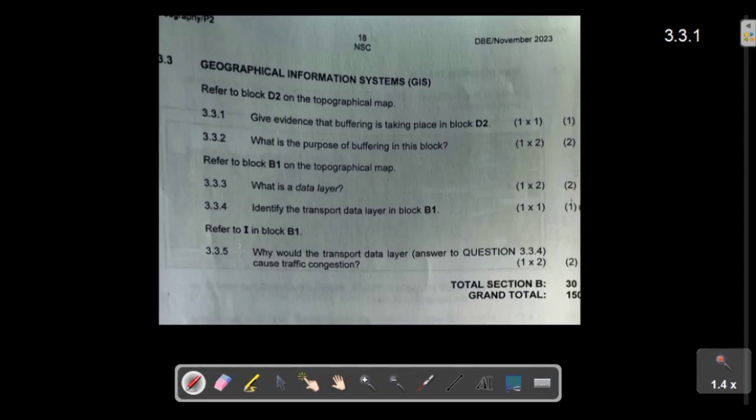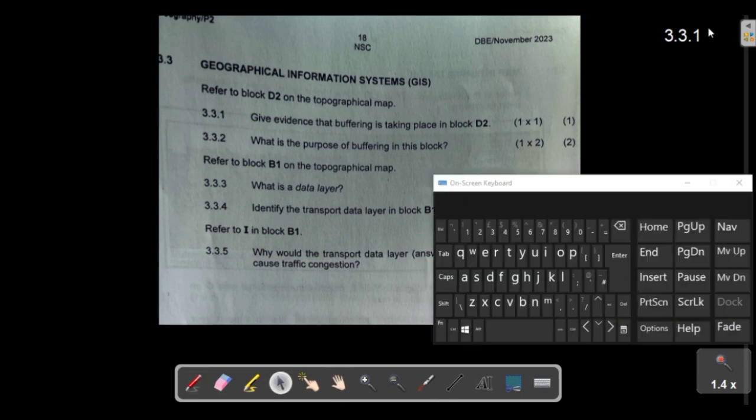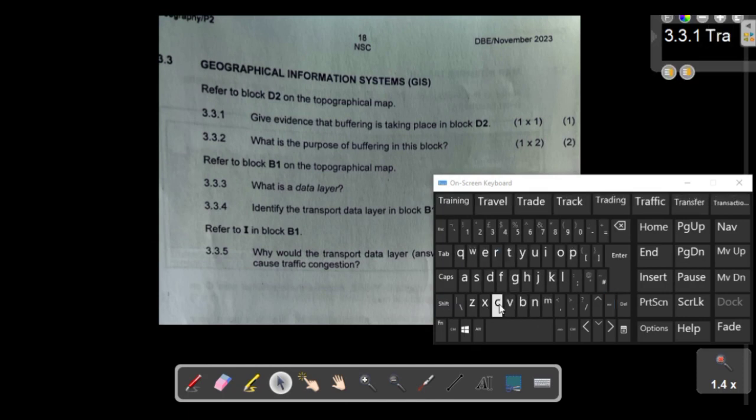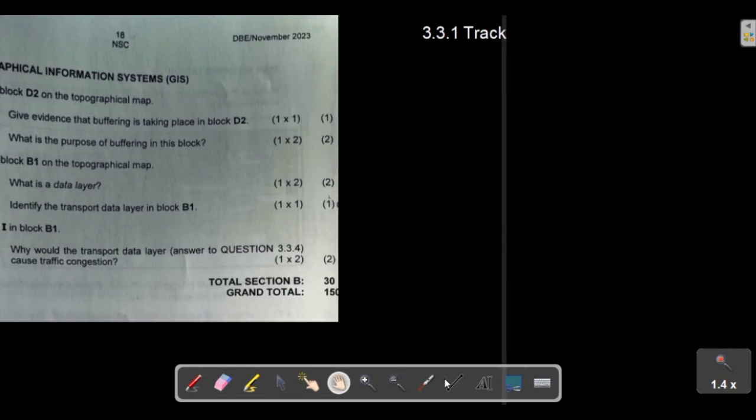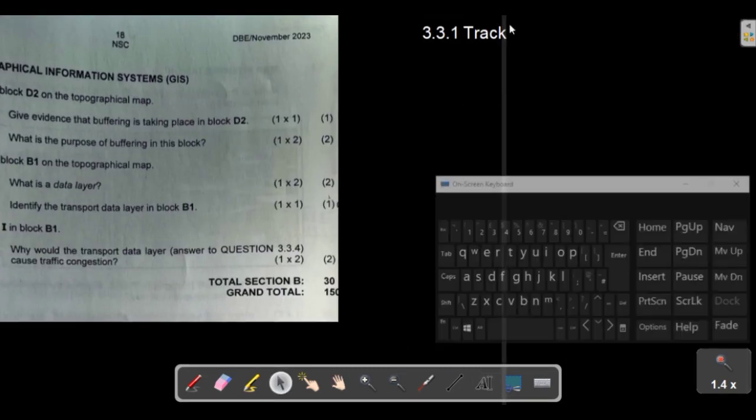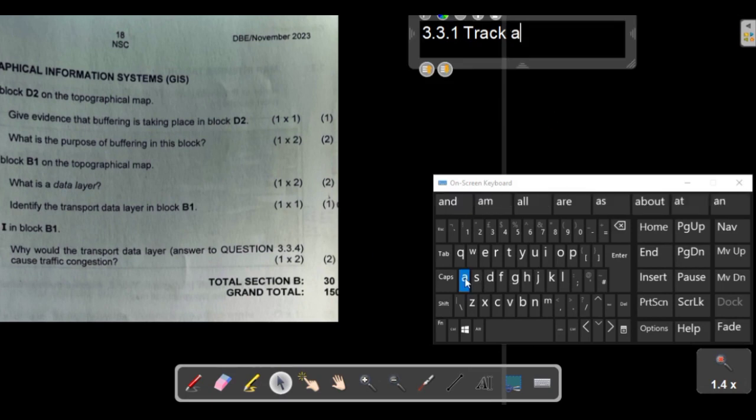So we can write that down. There's a track and hiking trail around the river. So that's what we're going with.